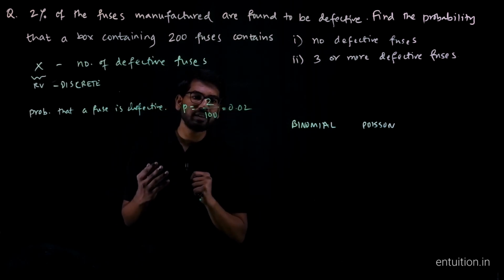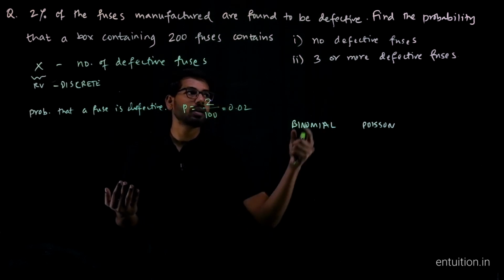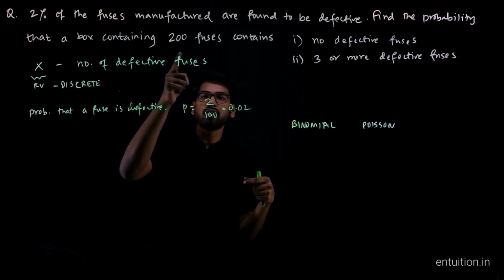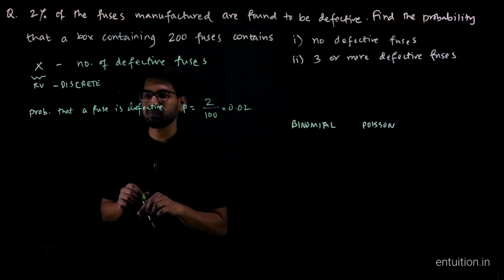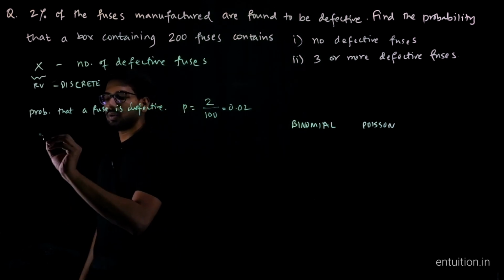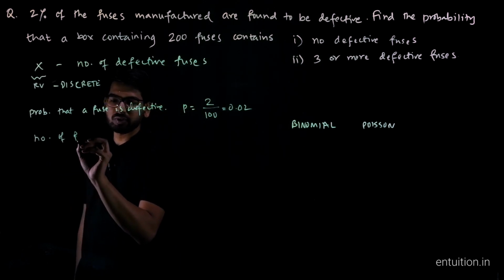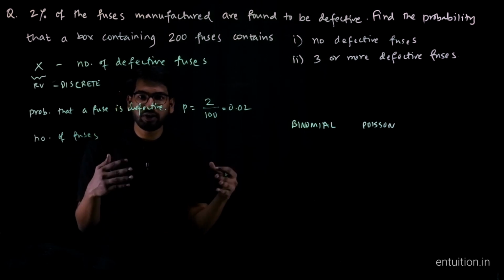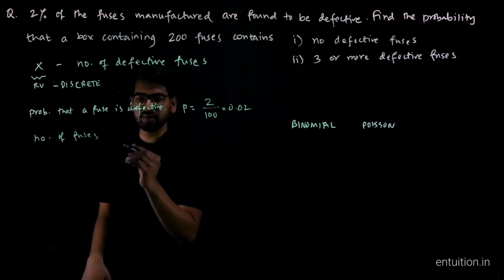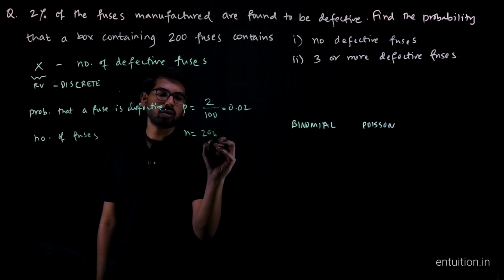So we have a very small probability, and we need to check a box containing 200 fuses. So the number of fuses taken for this experiment is n equal to 200.